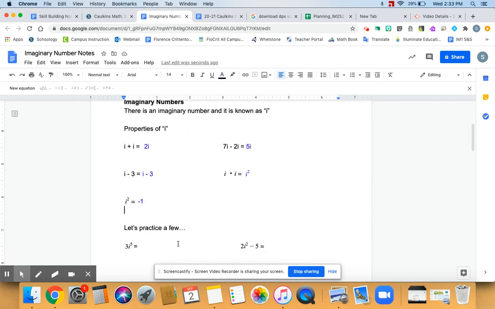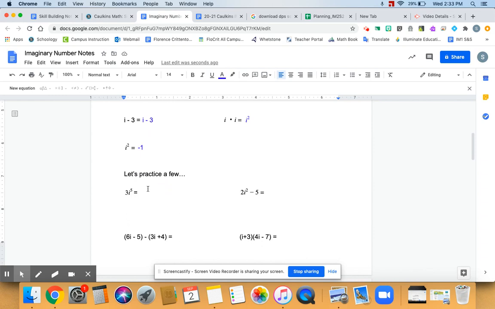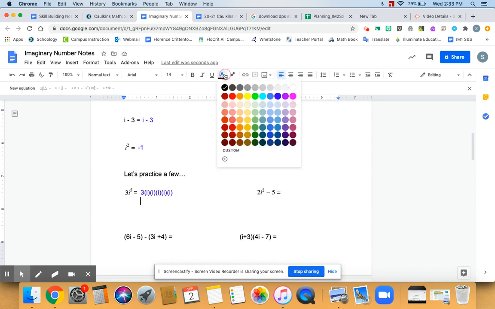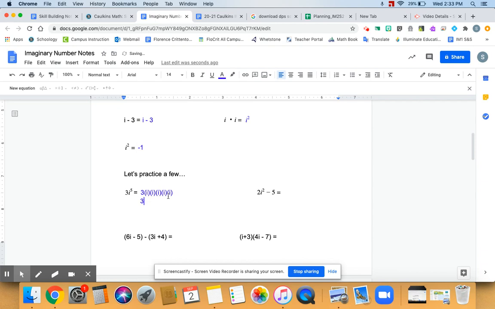So let's practice a few to see what the heck I mean. So if I have 3i to the power of 5, that means I have 3 times i 5 times. So times, there's a second one, third, fourth, fifth. But for every i times i, like this, I can combine them. i times i was i squared. Meaning, 3, this i times i is going to combine into -1. Because i times i is -1. That's the rule for imaginary numbers.